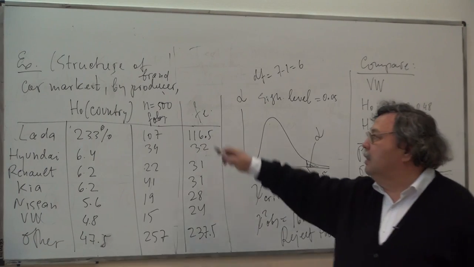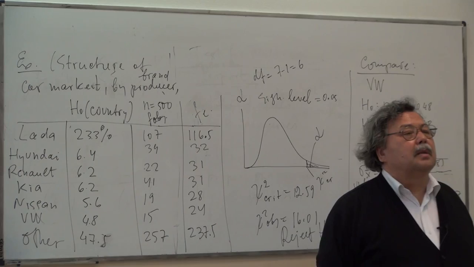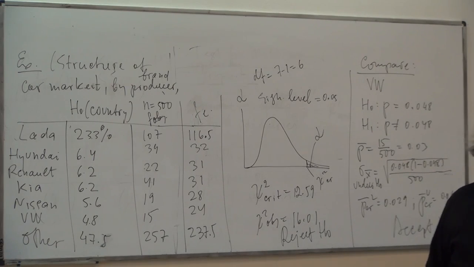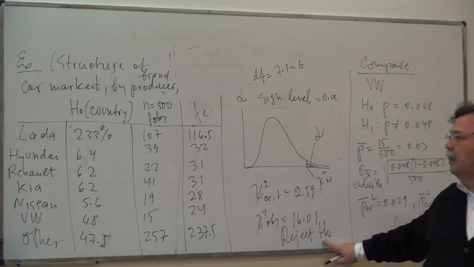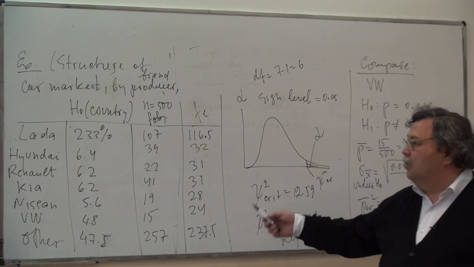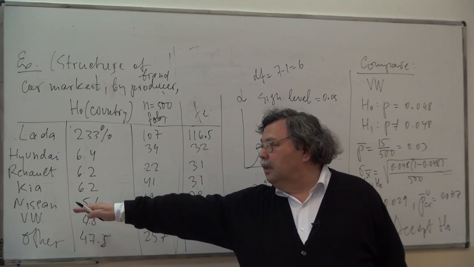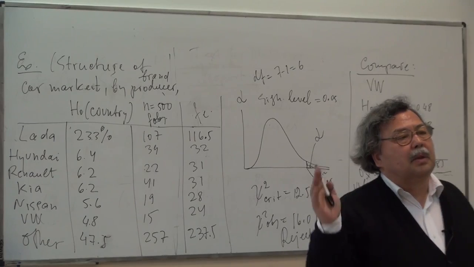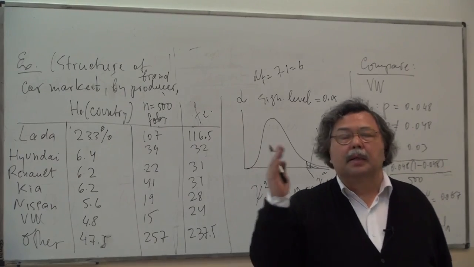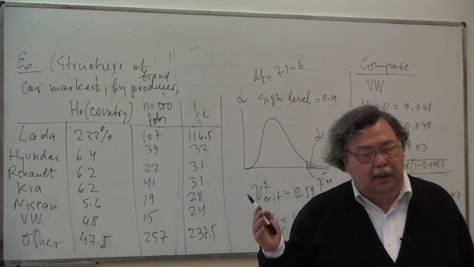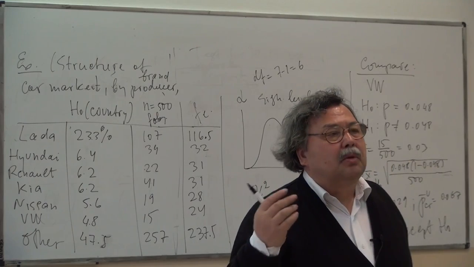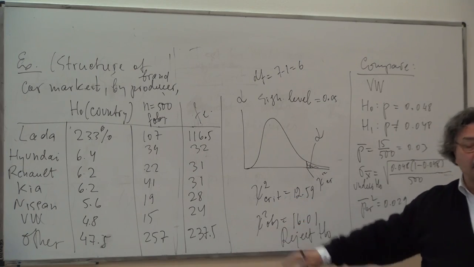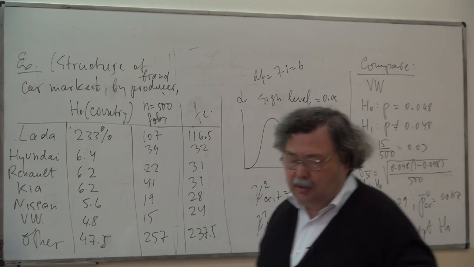But if we consider all these numbers collectively, the integral answer will be this: reject the null hypothesis. Although, again, the deviation between the expected count and the observed count for the brand of Volkswagen is the most important in terms of contribution to this chi-squared observed.